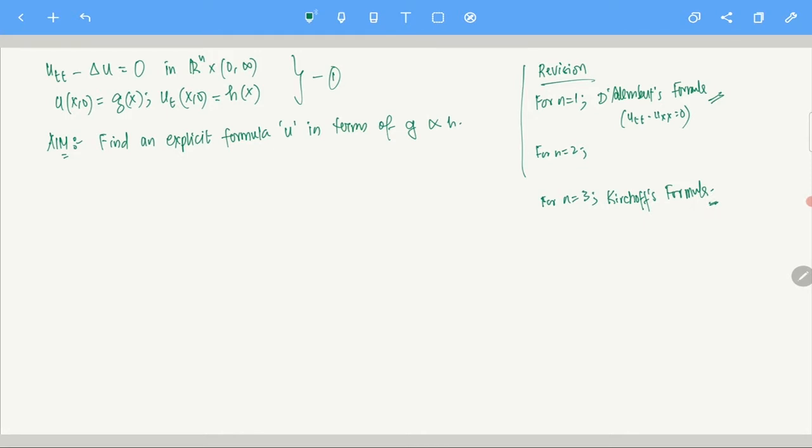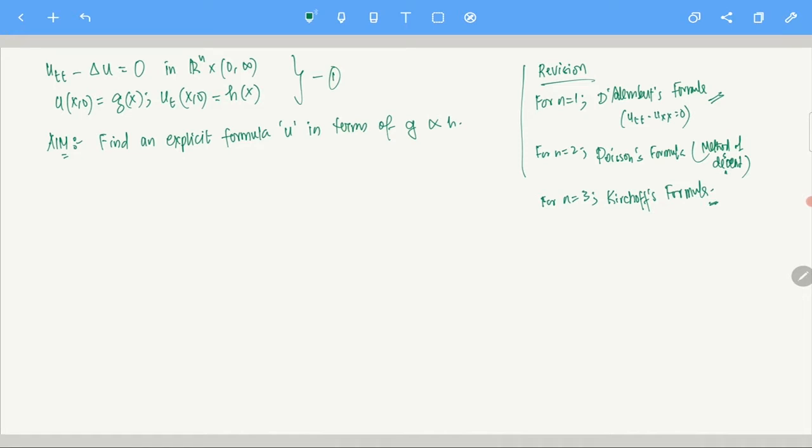Now from there, with the help of the method of descent, we got n equals 2, which is called the Poisson formula.